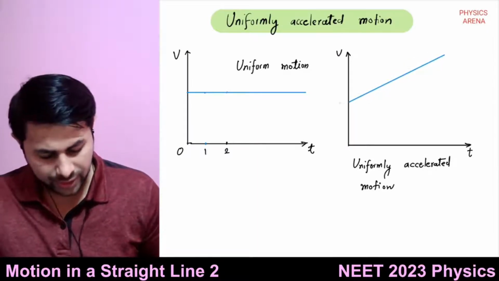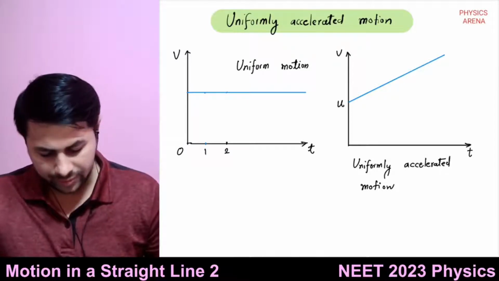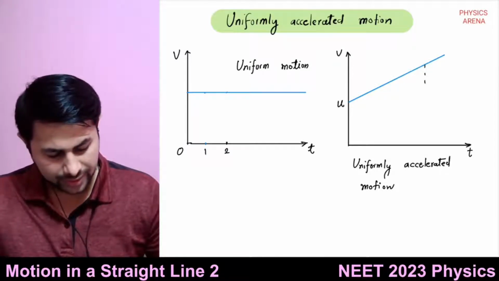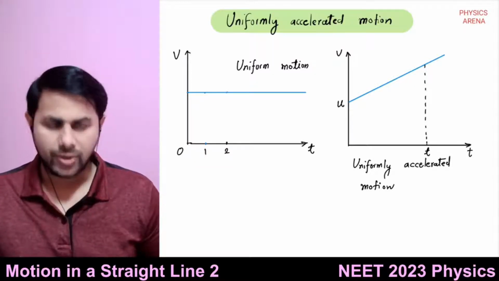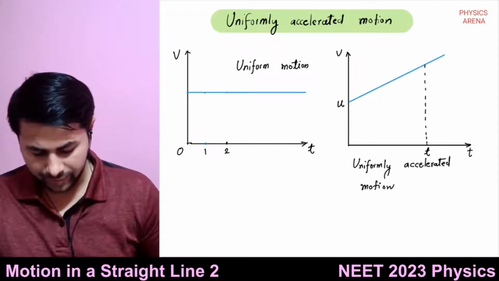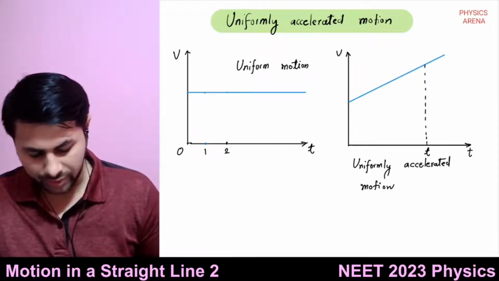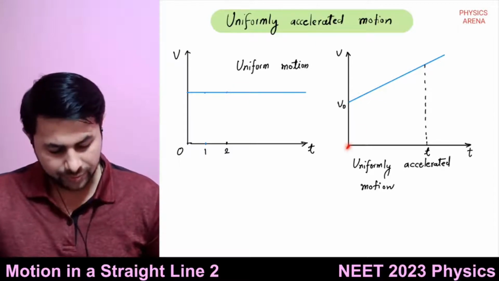So this is the initial velocity, let's call it u. At some time t, the velocity becomes v. Or let's call this initial velocity v naught, the velocity at t equals 0.